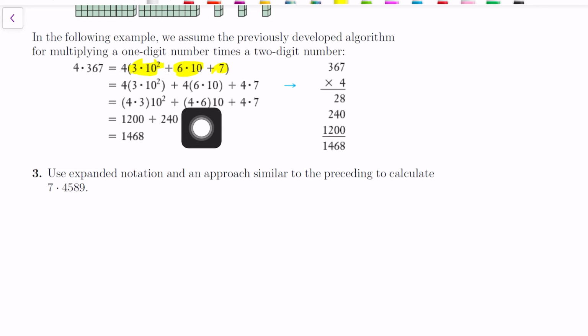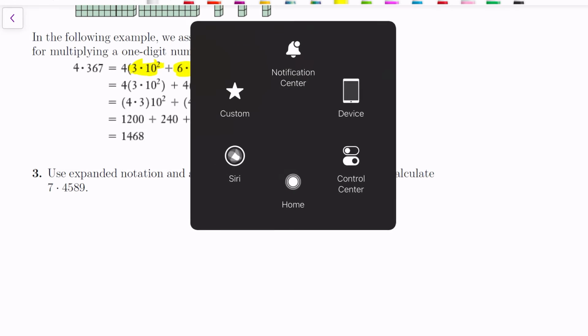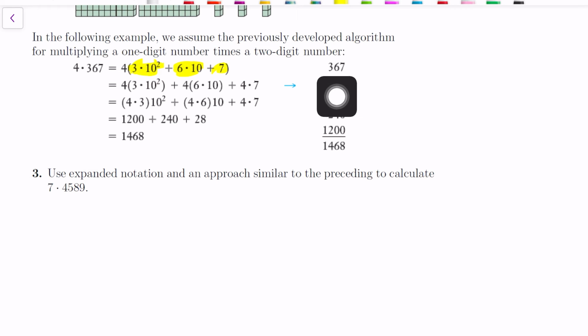Here's 4 times 6, that's 24 times 10, so 240. And here's 4 times 7, 28, and you add them together and you have it. If you write it in your expanded algorithm, it would be as follows. 4 times 7, that's 28. 4 times 60, that's 240. And 4 times 300, that's 1200.